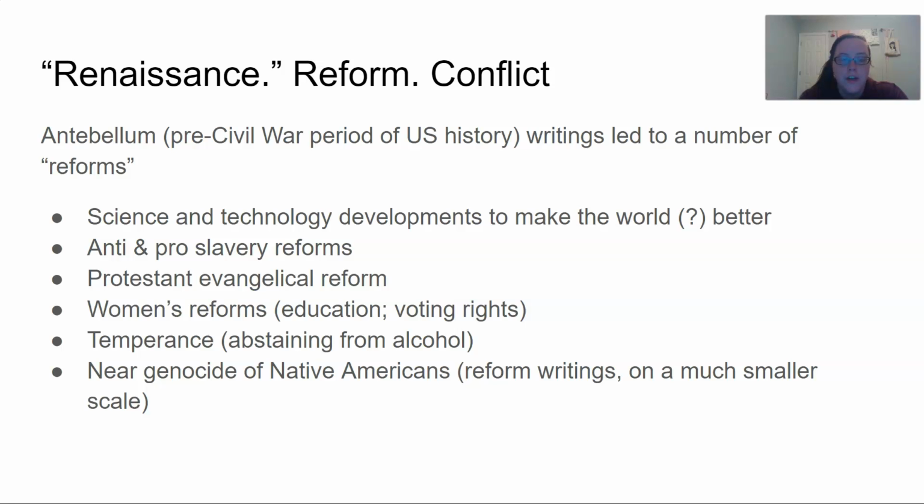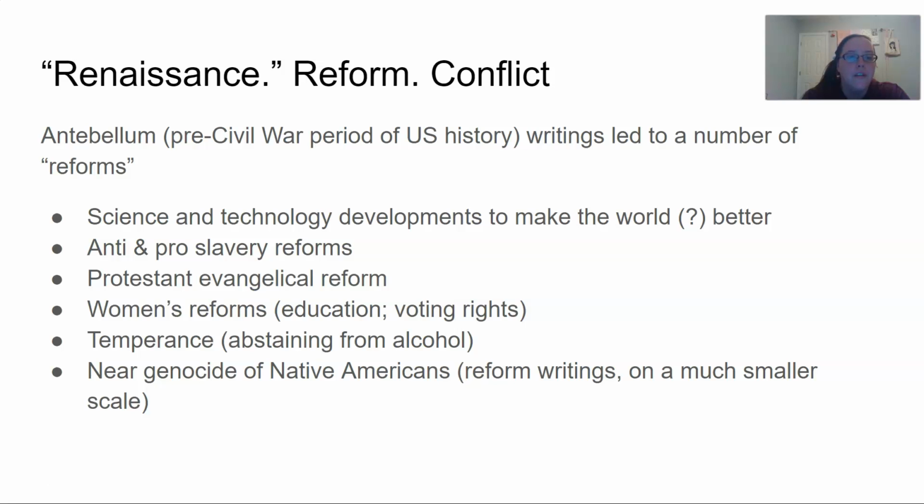There's reform in terms of anti-slavery, of course, but there was also thinking of pro-slavery reform, like states or plantation owners who wanted, of course, to continue slavery, and how can we reform it so that we can still do that.